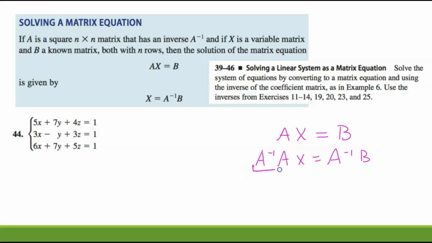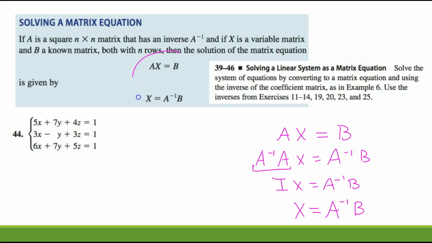We just found out that if I multiply the matrix and the inverse by itself, we get the identity matrix. The identity matrix, remember, acts like 1 when I do matrix multiplication. So to solve for our variables, I'm going to find the inverse matrix and multiply it by B, and that'll give us solutions to our system of equations.